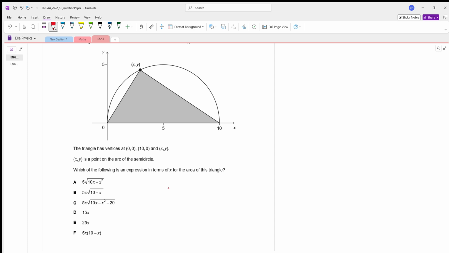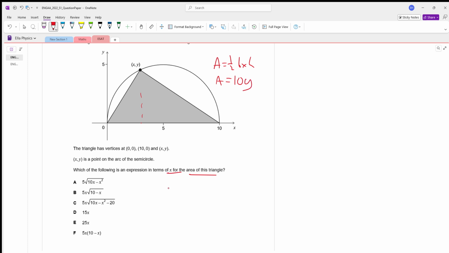Which of the following is an expression in terms of x for the area? Okay, so area of the triangle is half base times height. In this case, the base will always be 10, and the height will always be y. So 10y, and I need it in terms of x.